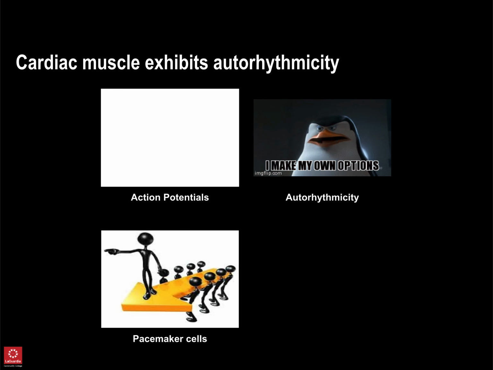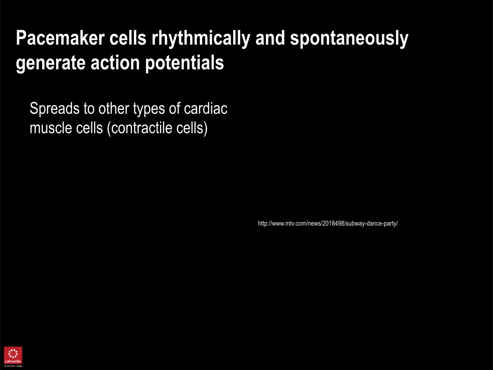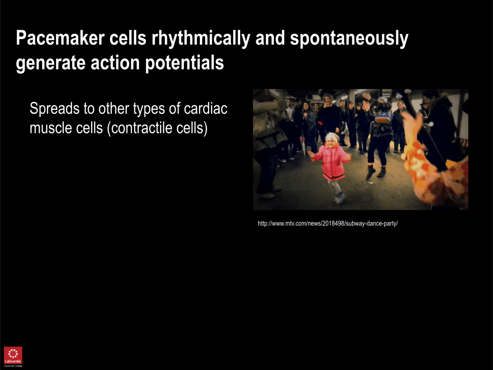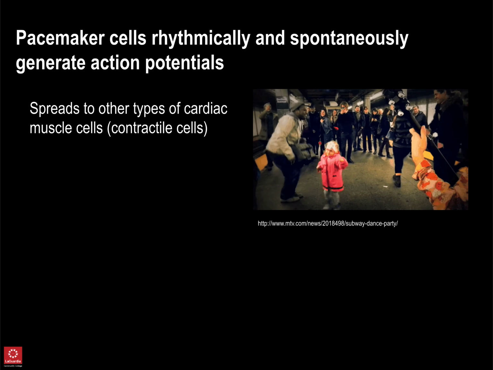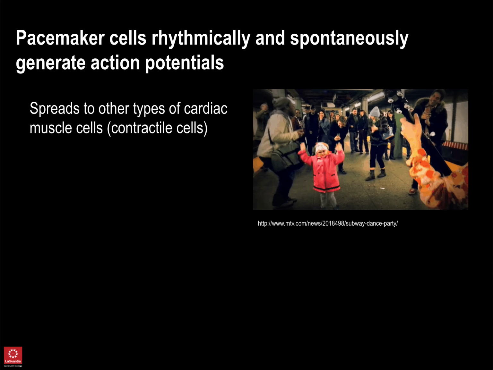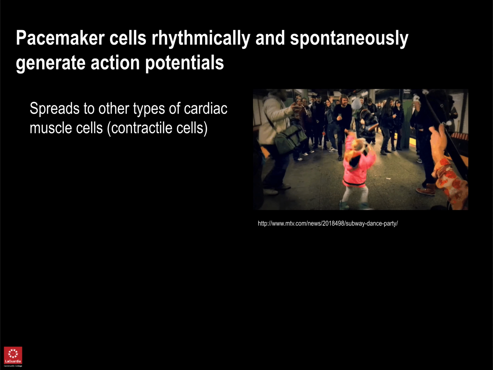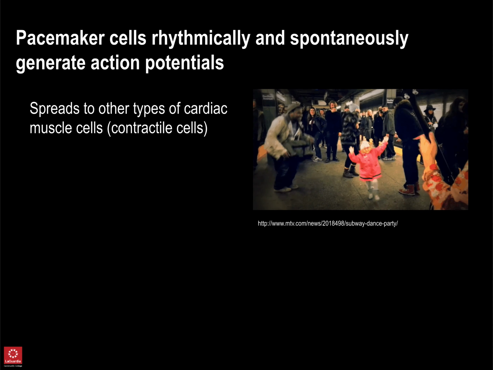And you have pacemaker cells, which help establish a way for this to be done, because they rhythmically and spontaneously generate action potentials. And this spreads to the other type of cardiac muscle cells, known as contractile cells. It's very much like if you've ever been in a situation where one person starts dancing and everybody else catches the fever and starts dancing too.